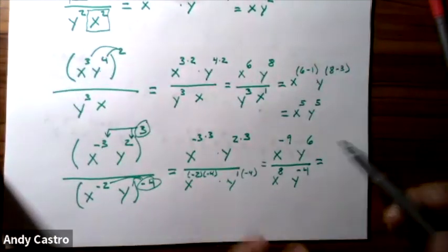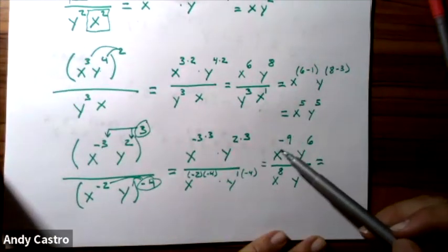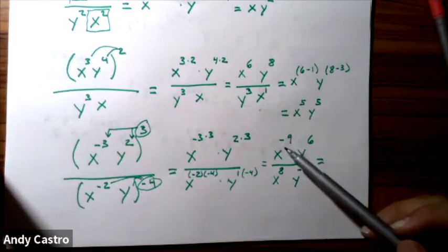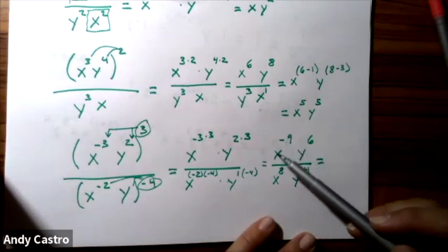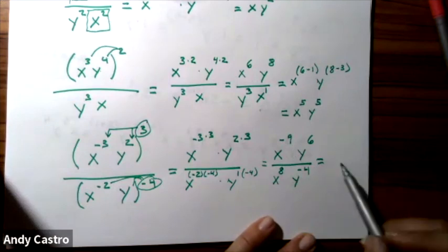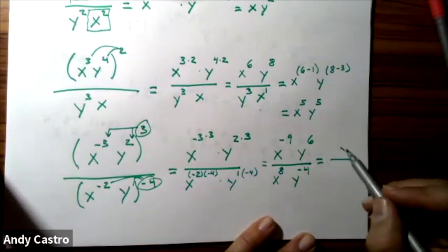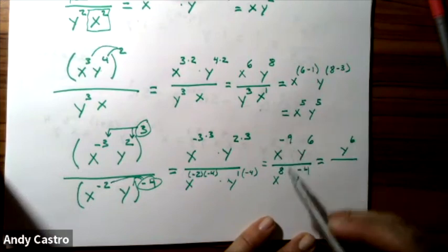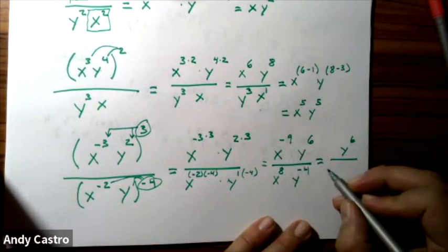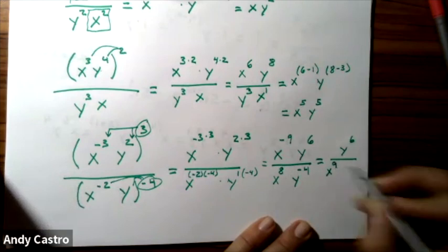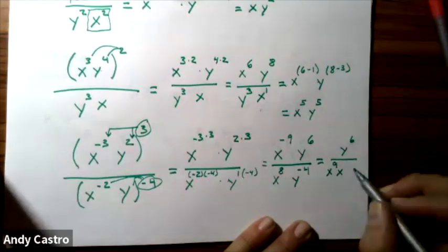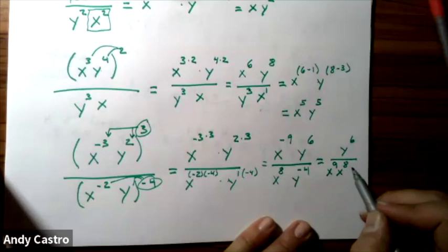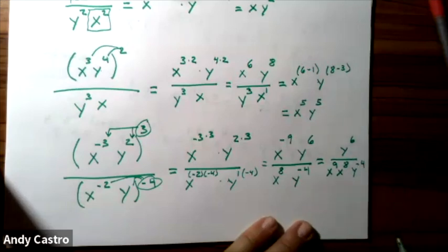All right, now if I have a negative exponent, this x to the negative 9, I'm going to move it down to the bottom. So I have y to the 6th up here. And then when I move that x to the negative 9 to the bottom, I have x to the positive 9, x to the 8th, y to the negative 4.